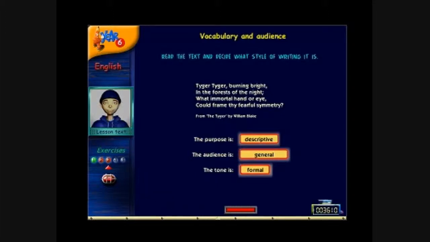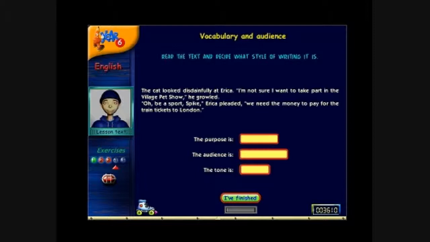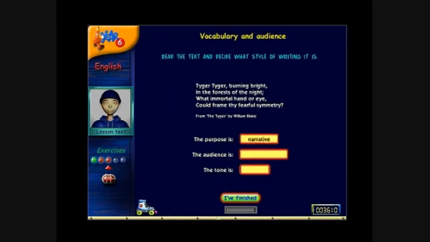You're taking the piss. Purpose is, I suppose, descriptive. How the fuck is it? It's a fucking nursery rhyme. Factual is not a fact. Personal, it's not really personal, it's a fucking nursery rhyme, I think. Narrative, it's a narrative. Maybe not a narrative. Descriptive, I guess descriptive is alright. The audience is definitely fucking children though. You think that's written for general? Fucking hell.